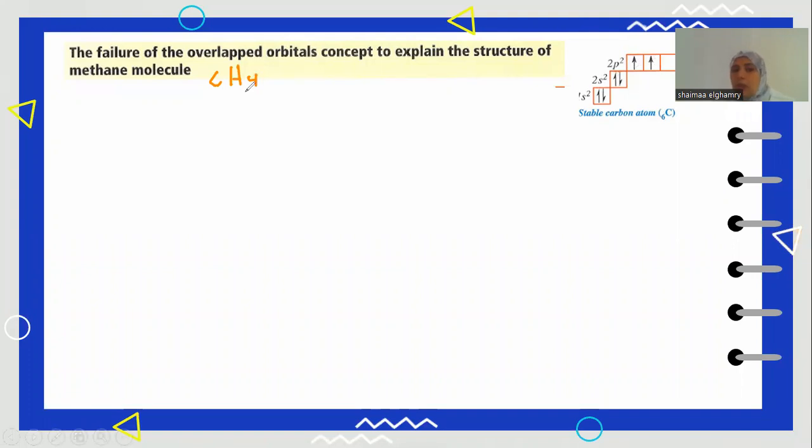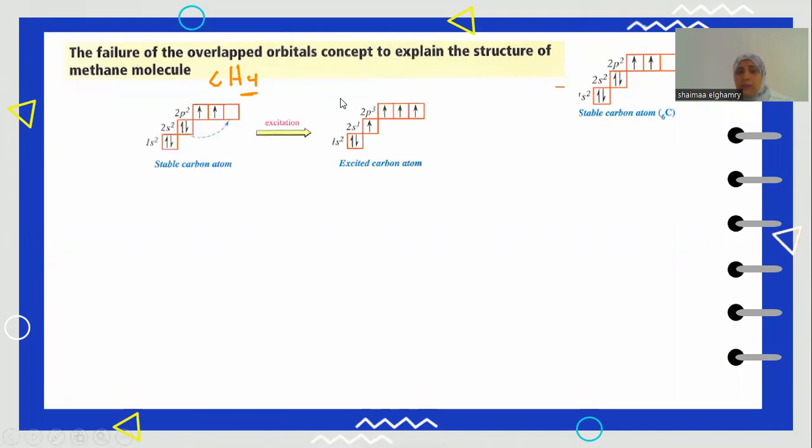So how could carbon form 4 bonds with hydrogen? So the first failure is that it couldn't explain how carbon makes 4 bonds and how the angle between them is 109 and not greater than that.